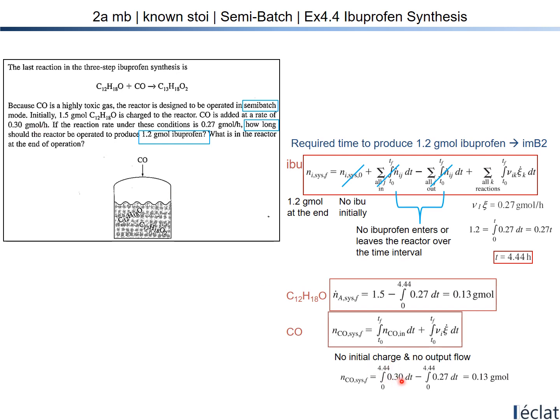So 0.30 with some integration for 4.44 hours, and also carbon monoxide is consumed, which is expected from the balanced chemical reaction equation here, and then minus 0.27 dt. So finally, we would have 0.13 gram mole of carbon monoxide inside of the reactor after the 4.44 hour reaction in the semi-batch reactor.